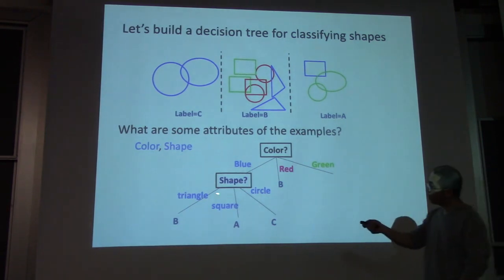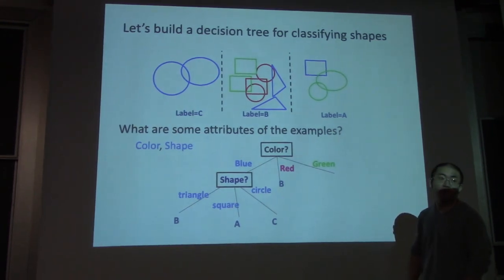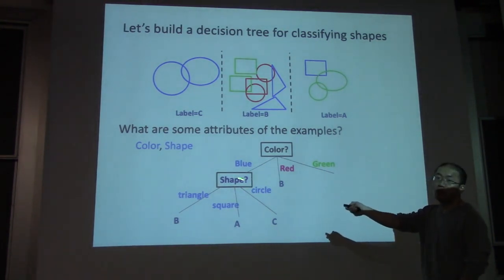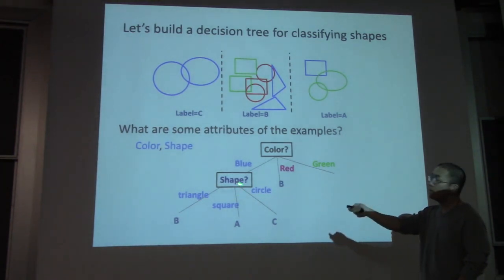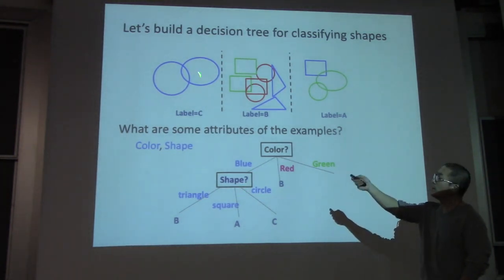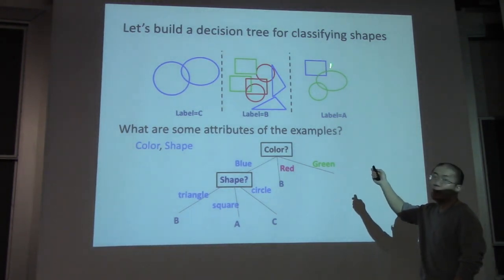So now, for blue triangles, what's the label? Remember, this node represents all blue shapes. It's a subset whose color is blue, so it contains 2 blue circles, 2 blue triangles, 1 blue rectangle.